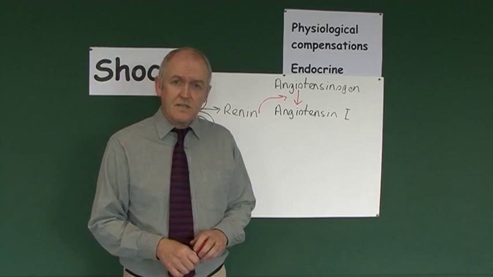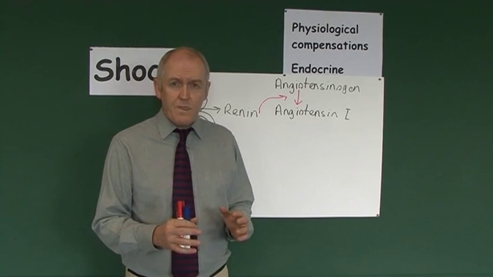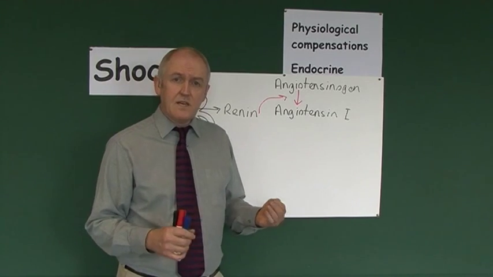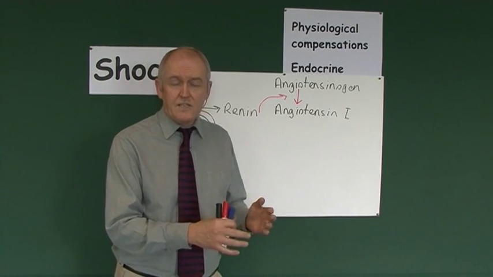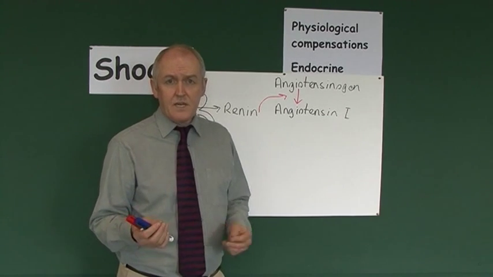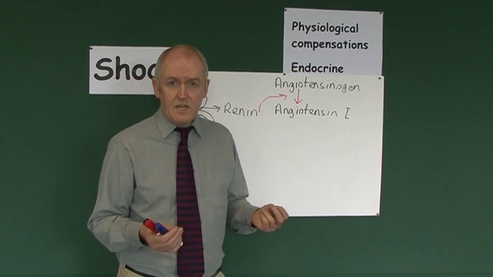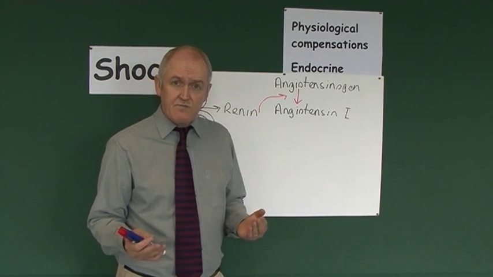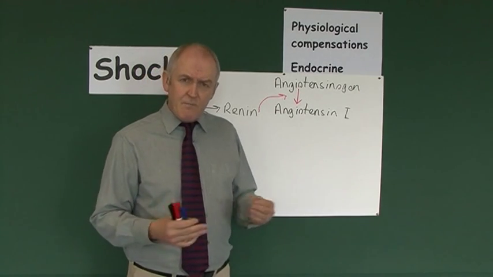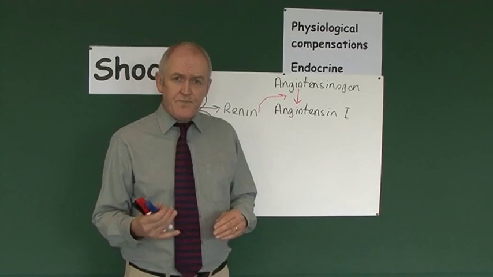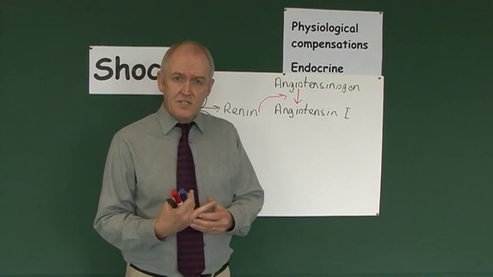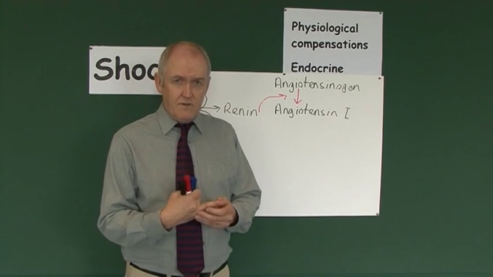That's going to increase the intravascular volume, that's going to increase preload, the venous return to the heart, and if you increase the venous return to the heart, that will increase cardiac output, because cardiac output is determined by venous return, as we've already talked about, as described by the Starling's law of the heart. But it doesn't do this to a massive extent, it does it to some extent. So angiotensin type 1 causes some vasoconstriction and some increase in intravascular volume.